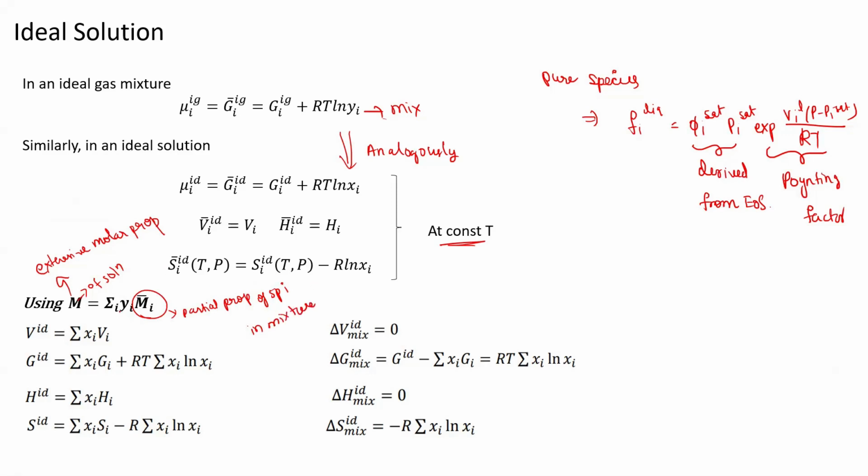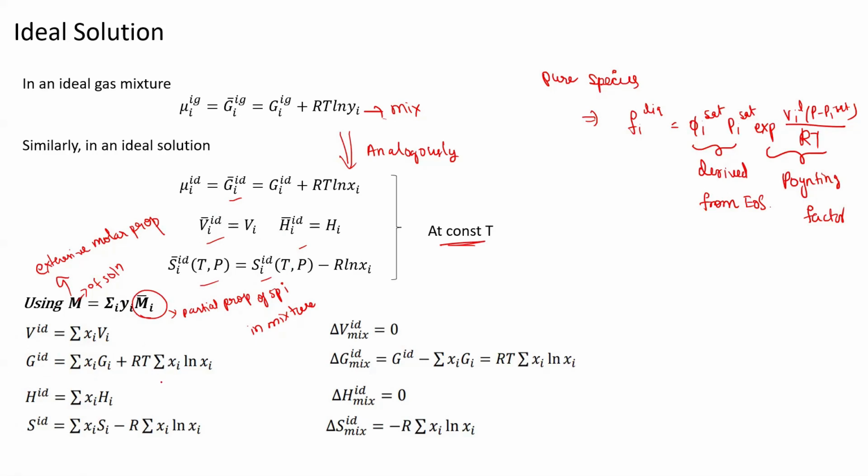How we have derived it here: all the partial properties we have described for the ideal solution. So the properties of the ideal solution will be given by the sum of xi Vi and so on.